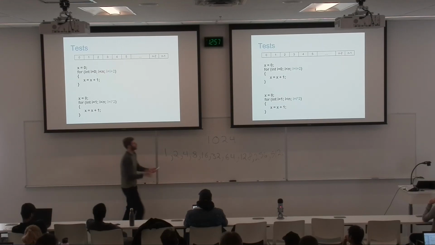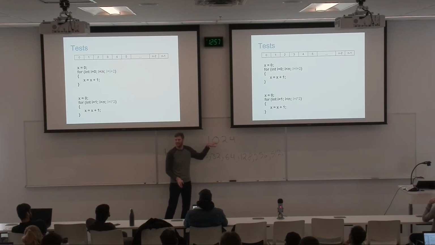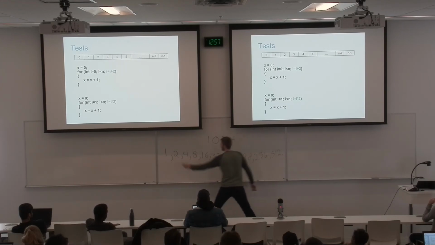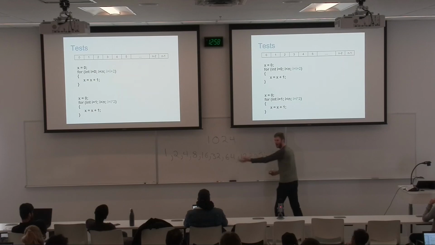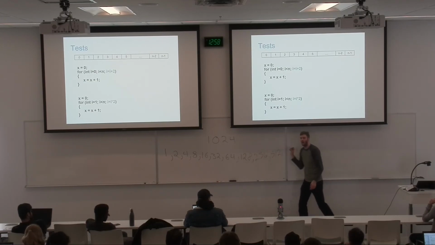Because it's almost as if I took this number and was dividing by 2 every time, right? It's like we're binding it at one end or the other. I can go this way and double or go this way and divide.